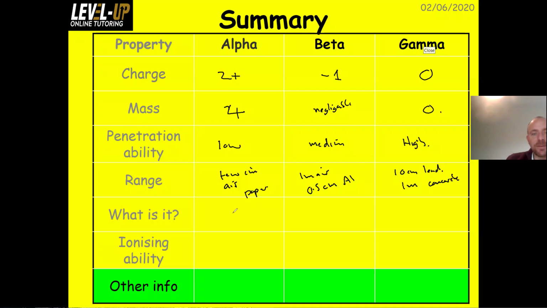What is it? Alpha particles are 2 protons and 2 neutrons. Beta is an electron, but importantly, from the nucleus. You can go into more detail: it's a neutron turning into an electron and a proton. Gamma is electromagnetic radiation.